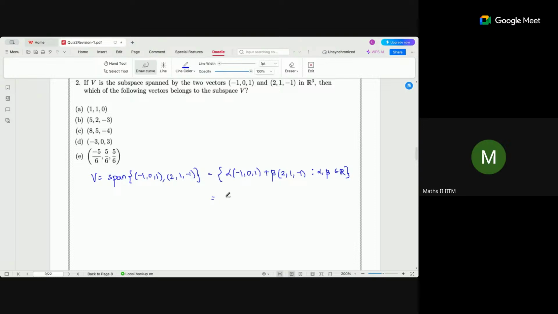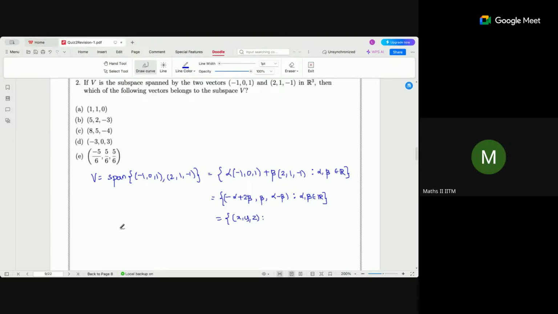Now this is nothing but minus alpha plus 2 beta, and this is just beta, and then in the third place you have alpha minus beta, with alpha, beta in R. Now suppose I replace each of these with x, y, z. What are the conditions I have on x, y, z?